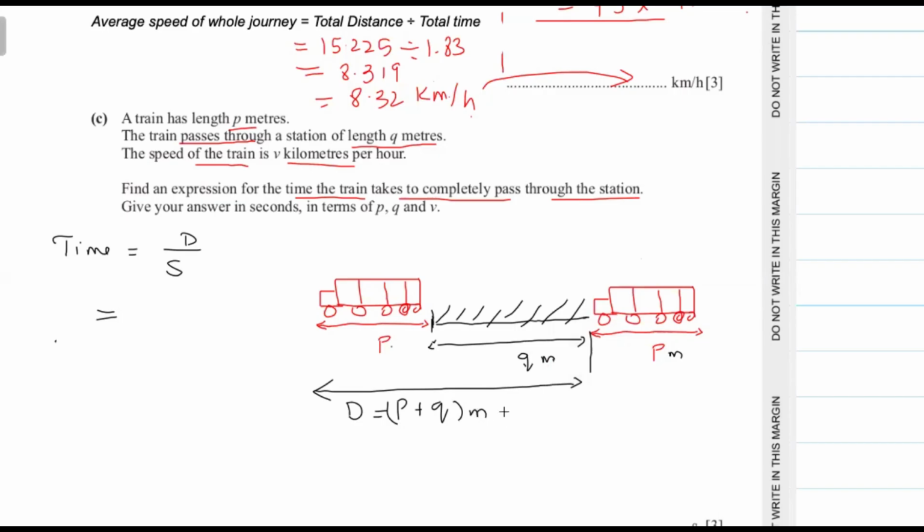We will convert into kilometer. This will be equal to p plus q divided by 1000. This value will convert into kilometer. Therefore, this value is p plus q over 1000 divided by speed. Speed here is v kilometer per hour.